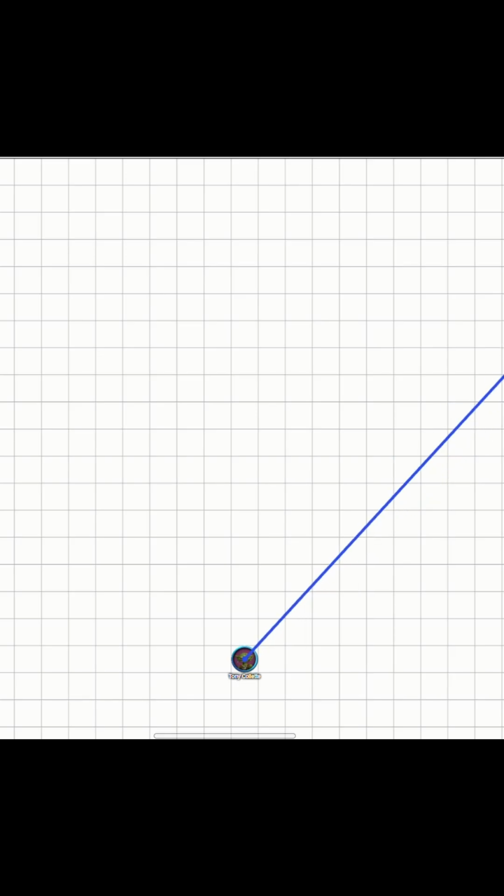And look at the size of that line. It's huge. That's shorter. So this is what happens if we count each diagonal as 5 feet.